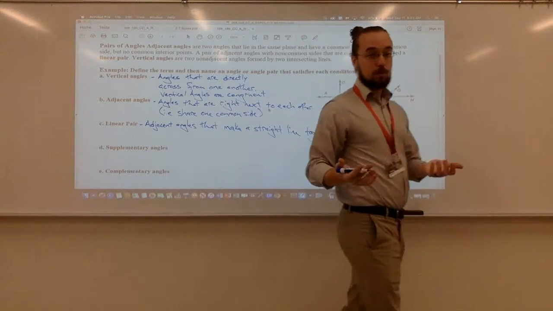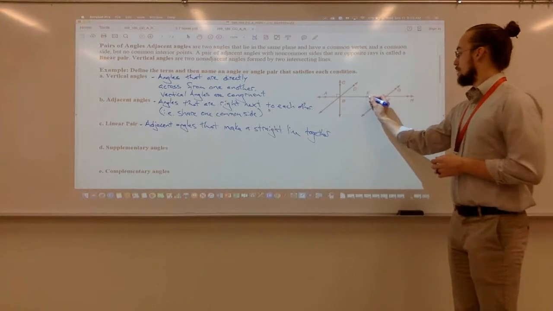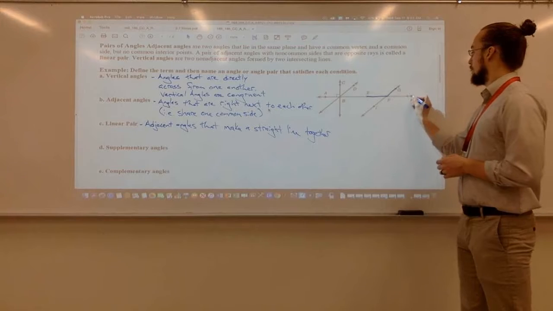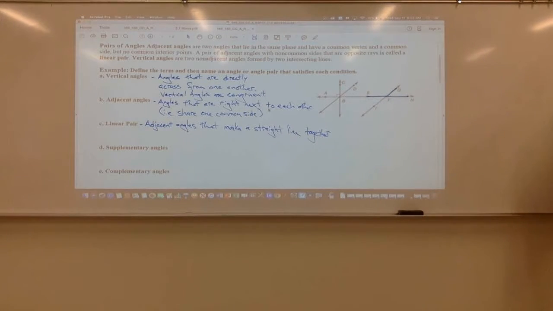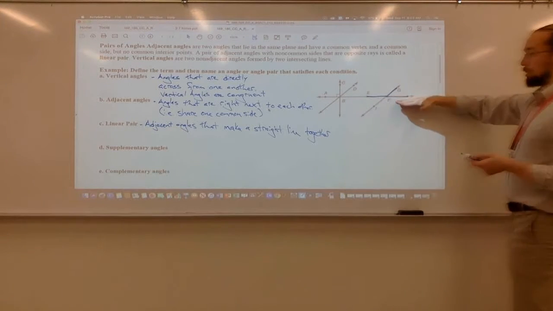For example, EFG and HFG. That would be a pair of adjacent angles. They share one side, and together they make up a straight line.